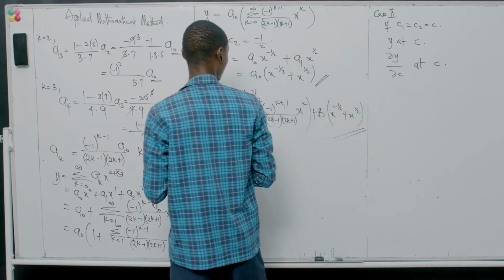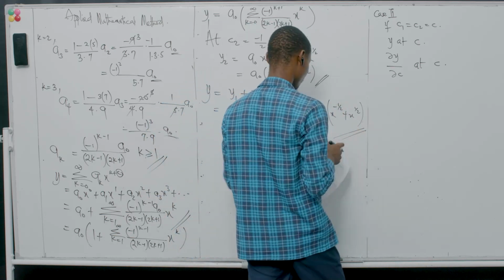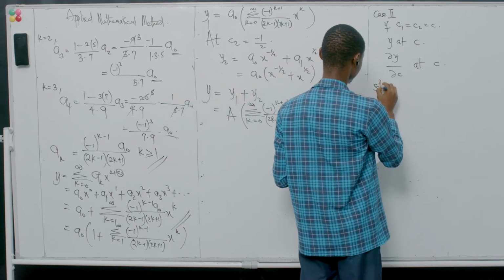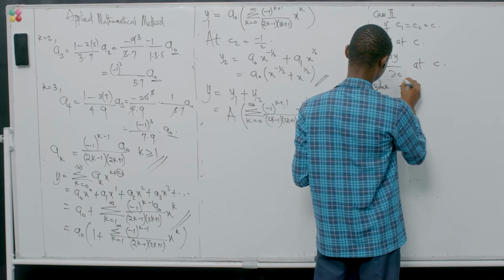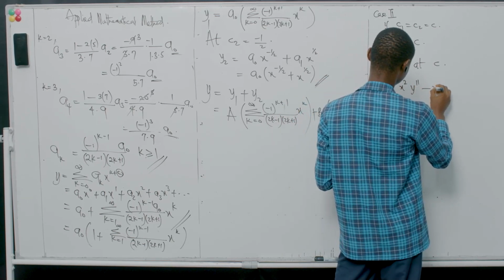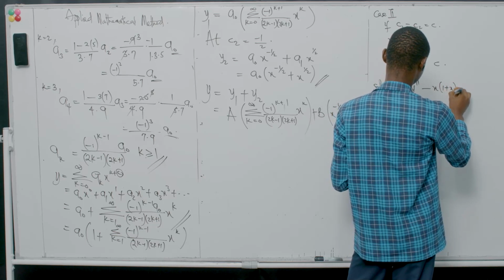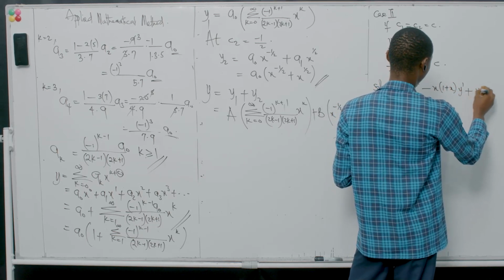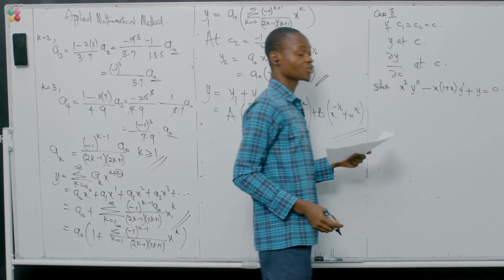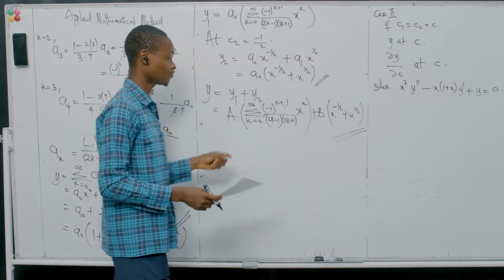Let's go to work. Solve x squared y. Obviously, x equal to 0 is also a regular singular point here. We can verify that.